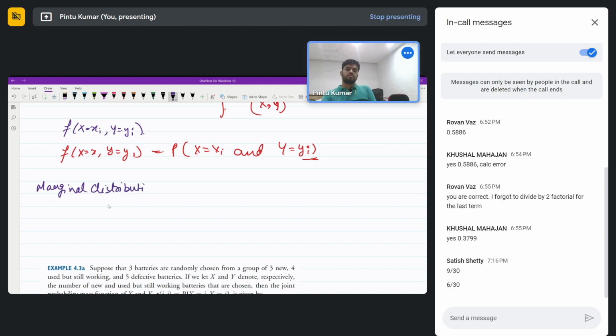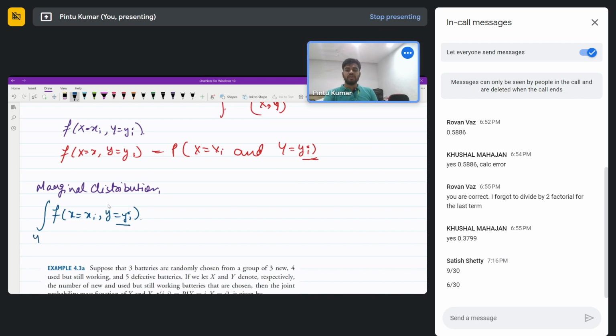So this f of X equal to Xi, comma Y equal to Yi, gives you the distribution of X being Xi and Y being Yi. Let's say I take summation or integration, whichever is possible if it is discrete or continuous, with respect to one of the variables.